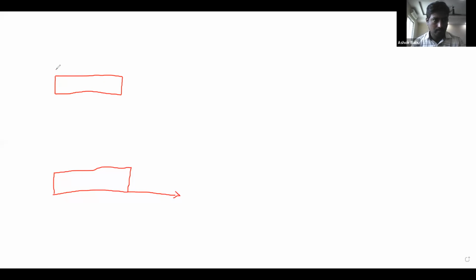So, conduction band, valency band, zero degree Kelvin temperature.